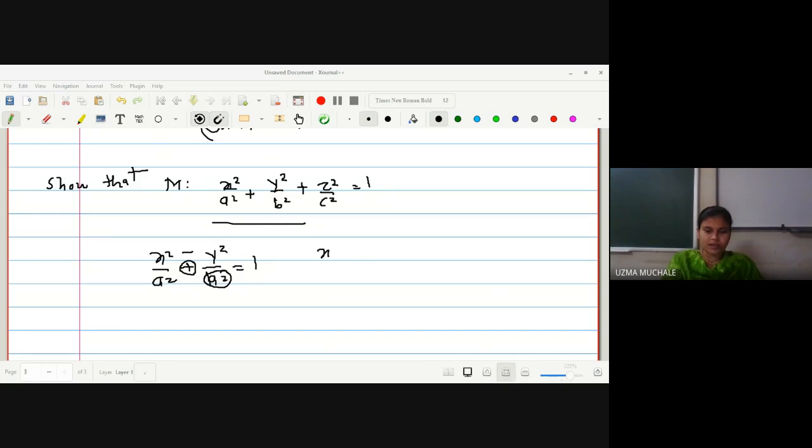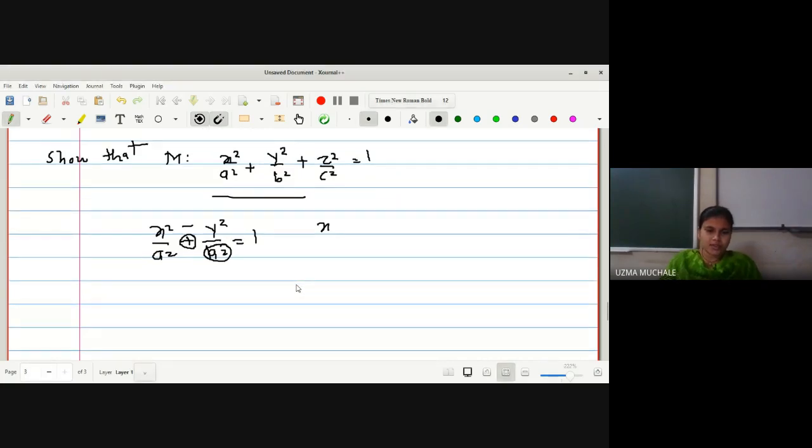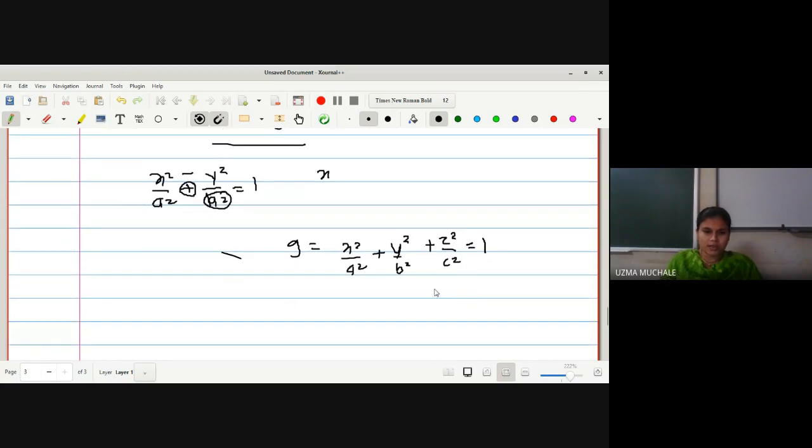First you have to define a function g. What is g? x square by a square plus y square by b square plus z square by c square minus 1 equal to 0. Or directly you can take it equal to 1 also, because we have to check dg not equal to 0, and the derivative of a constant will obviously be 0. So dg will be equal to dou g by dou x dx plus dou g by dou y dy plus dou g by dou z dz.